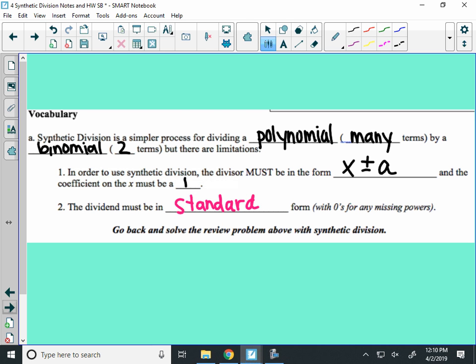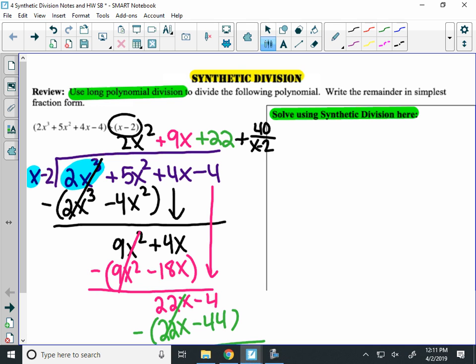Now let's see what synthetic division actually looks like. So we'll go right back up to the top. What synthetic division looks like is instead of doing our division bar right side up like this, we actually end up doing an upside down division bar. Right? So it's like a little box. Now, along the top of the box, kind of floating, we're going to put a row of numbers.